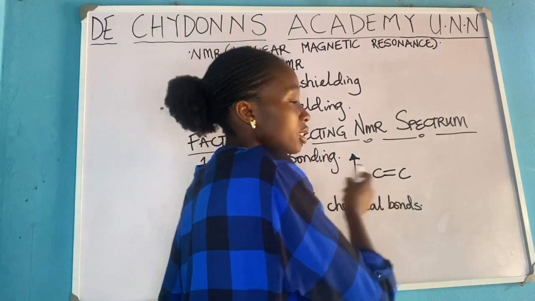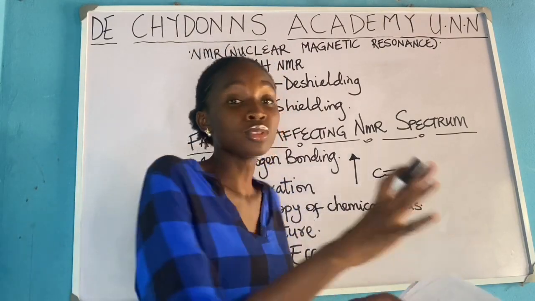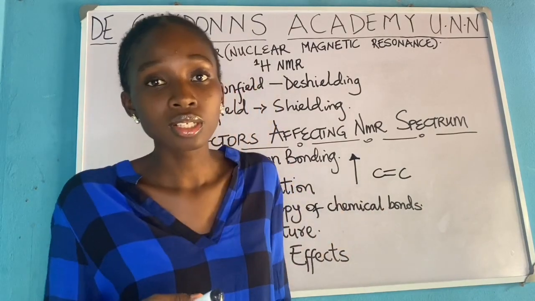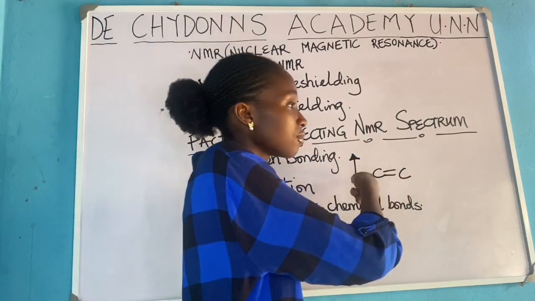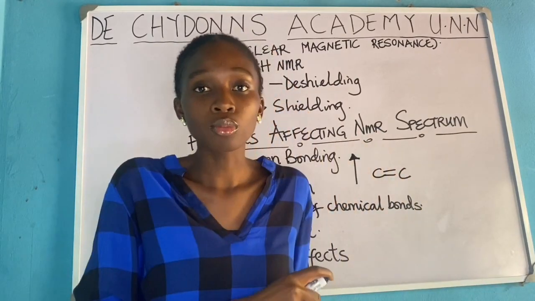Because they're not going in the same direction, and they are opposite sided, the pi electrons will leave their position and start to gain interest in the new magnetic field that you have brought in. Once they start to gain interest in the new magnetic field, acting in opposite directions, it will make the protons become deshielded.